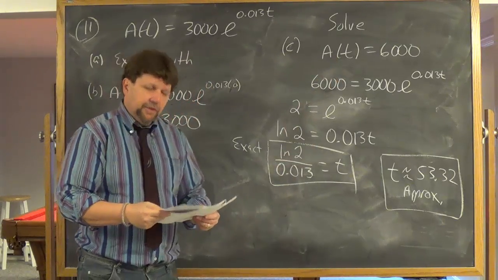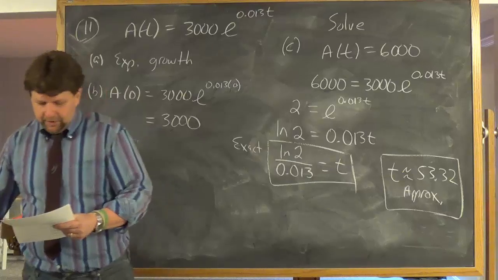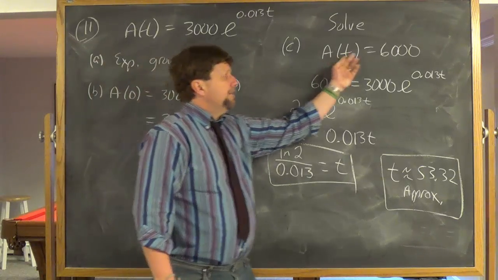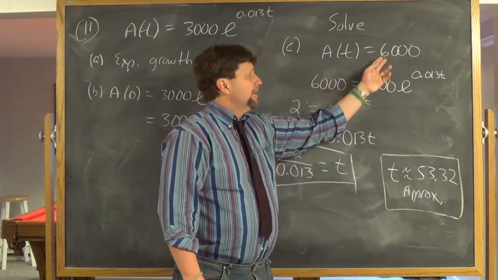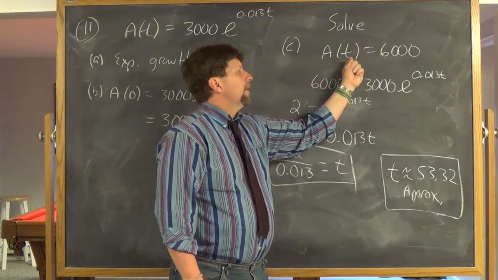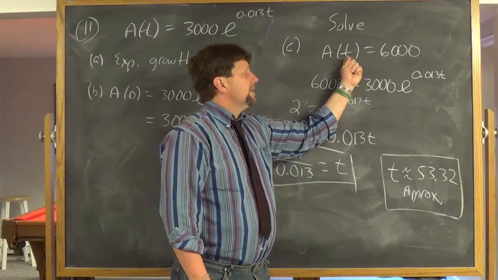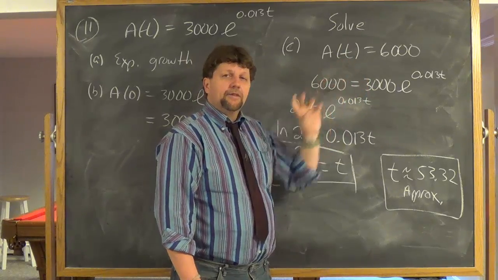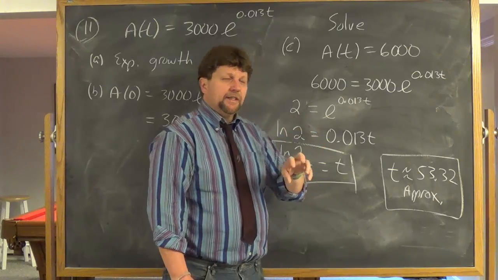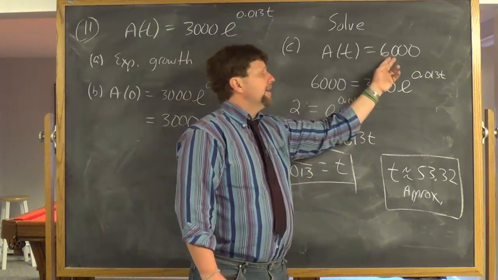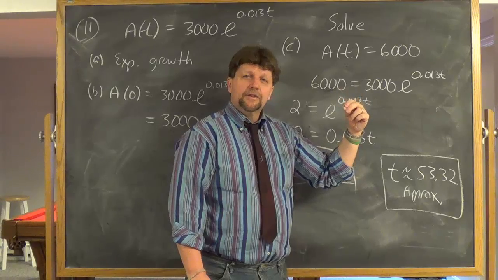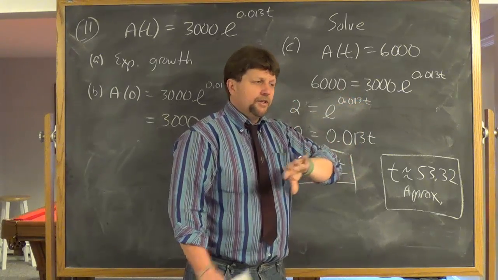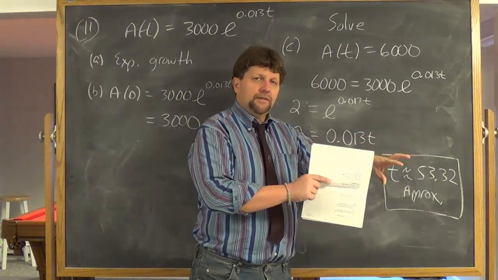And then in part D, it says, what does your solution to this equation mean, given this problem situation? Well, notice, if you're saying A of t is 6,000, that's basically saying, how long will it take, because t represents time in years, for the $3,000 you invested to become $6,000?